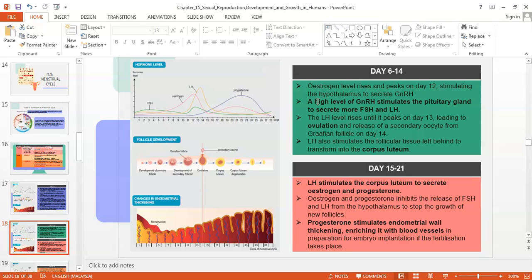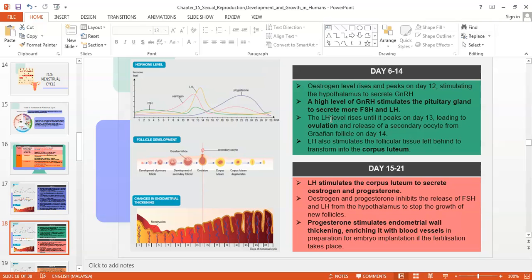A high level of gonadotropin releasing hormone will stimulate the pituitary gland to secrete more FSH and LH. The LH level rises until it peaks on day 13, leading to ovulation and release of a secondary oocyte from the Graafian follicle on day 14.